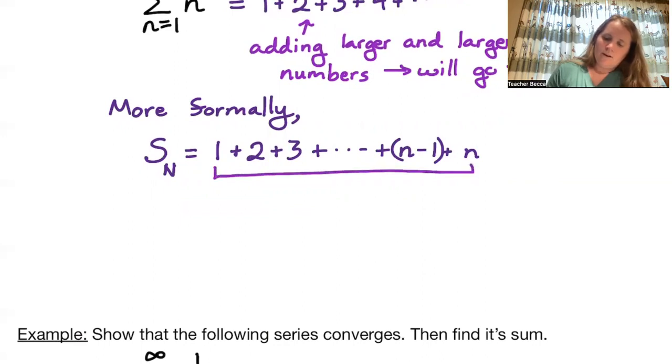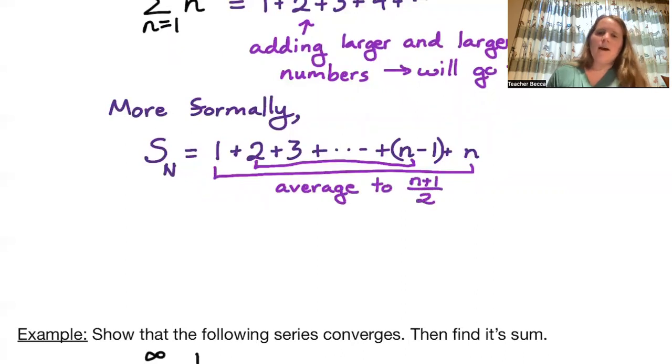Note that 1 and n both average to n plus 1 over 2. 2 and n minus 1 also average to n plus 1 over 2. And then if there are an odd number of terms, the middle term will be precisely n plus 1 over 2. So it turns out that the overall average is n plus 1 over 2.